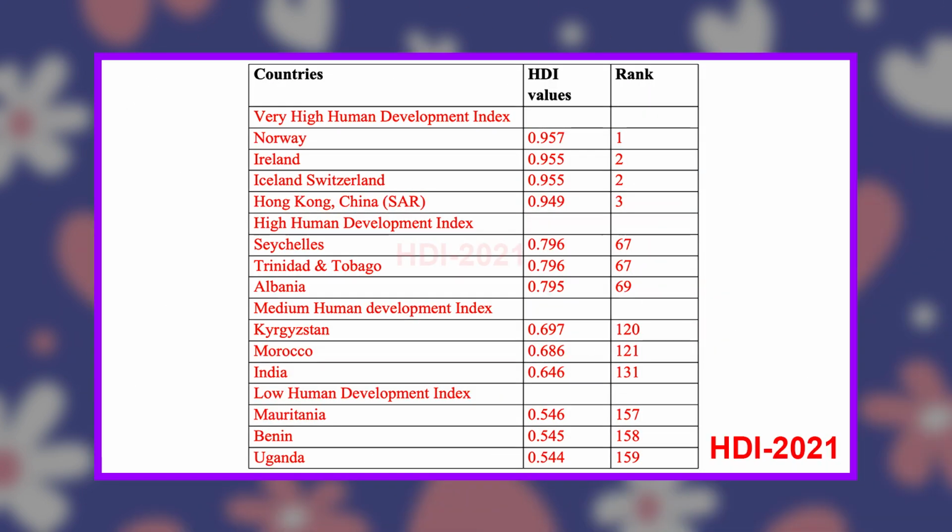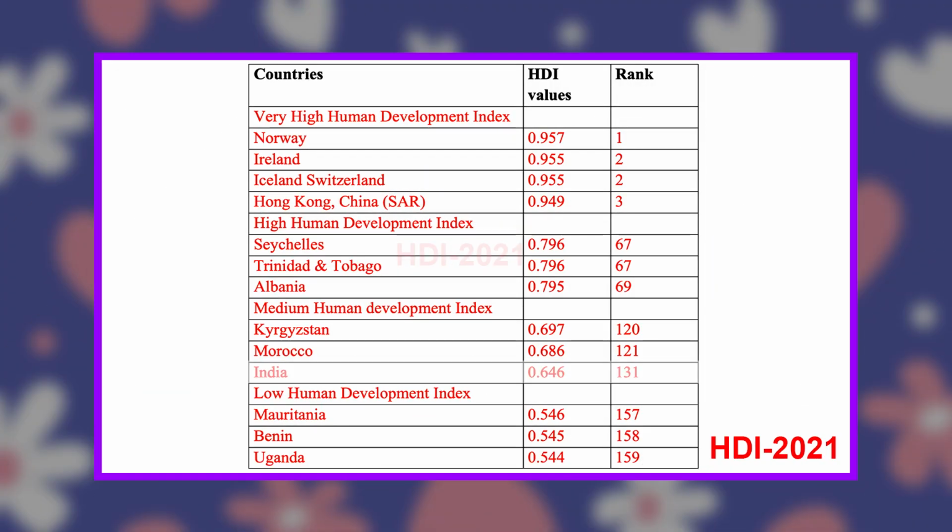In 2021, the top 3 countries in the world in terms of Human Development Index were Norway with its HDI value at 0.957, followed by Iceland, with an HDI value of 0.955, and Hong Kong, with an HDI value of 0.949. It is observed that the Human Development Index is steadily rising.